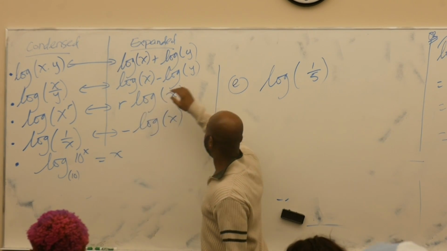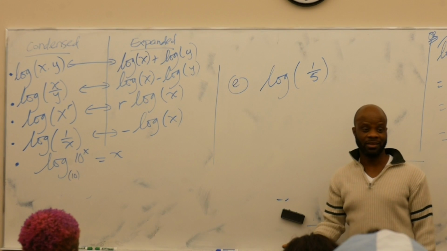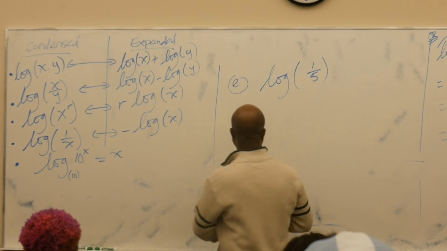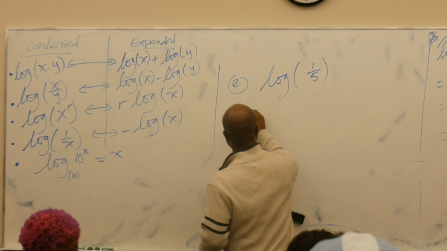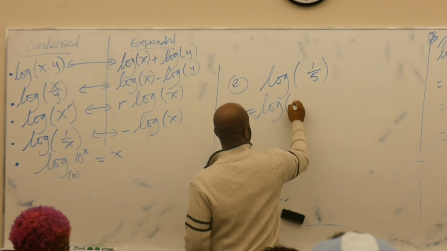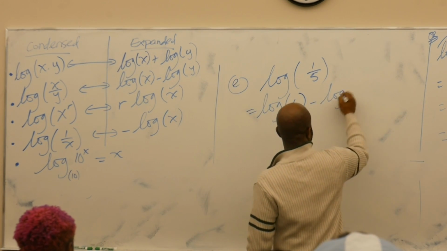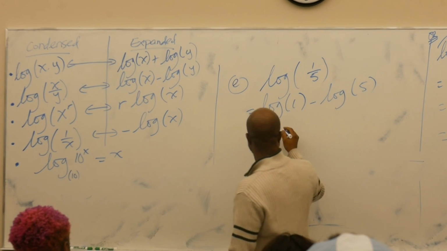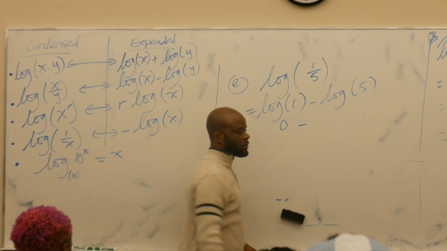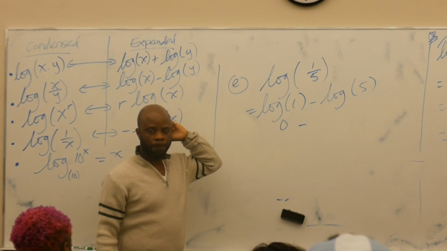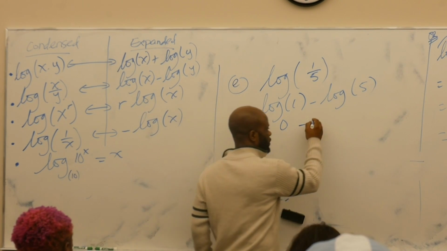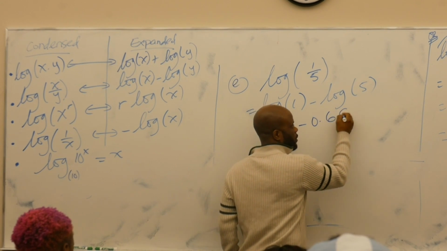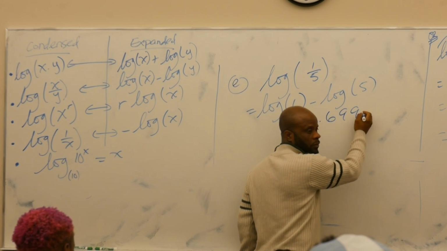So then we have a 0 minus the log of 5, right? If I follow her method, this will be the log of 1 minus the log of 5. This is 0 minus the value of the log of 5. Can somebody give that to me, please? 0?